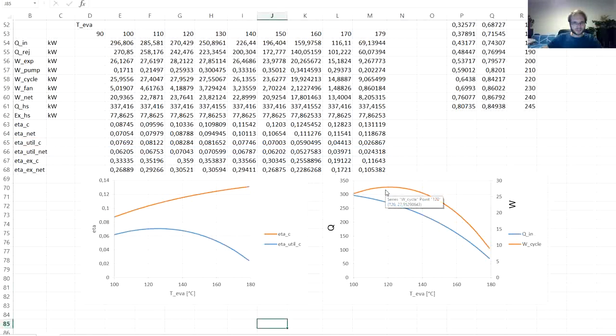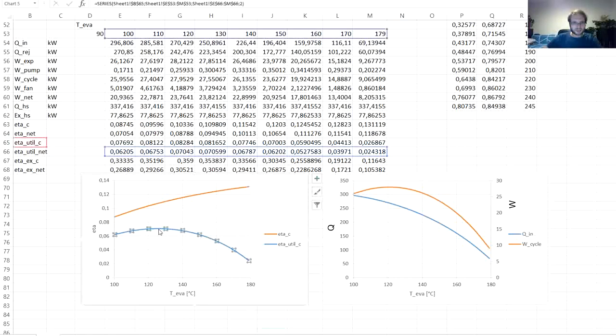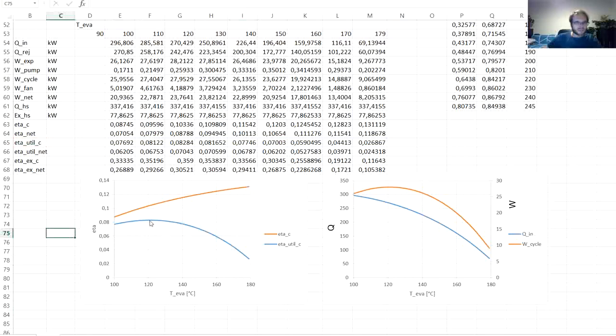You can see that the maximum was about 120 degrees C, maybe just a little bit behind that, same as with this curve. Sorry, therefore now it's cycle utilization efficiency, and really the maximum point is over here.